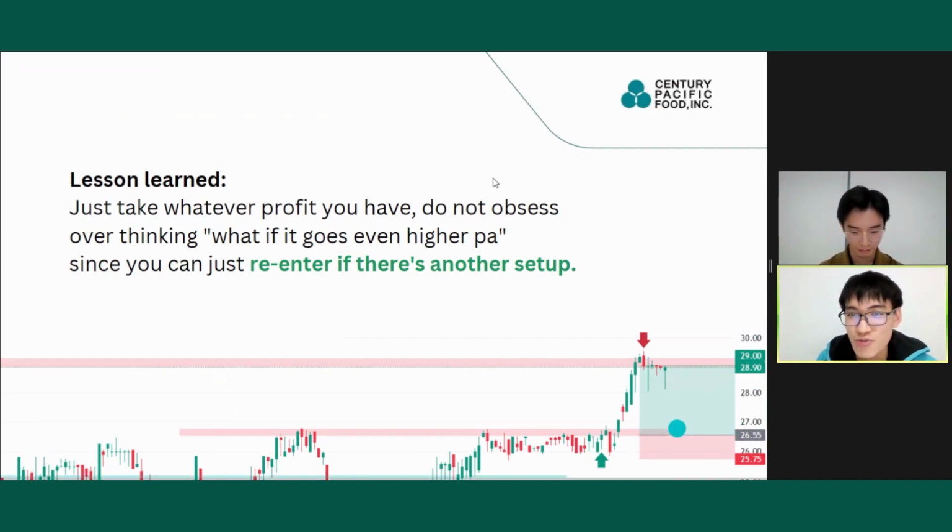So, it's really up to you. So, if your plan is to just sell at resistance, sell at your target, then sell it, right? But if you're the type to ride the trend where you just want to keep riding the trend, so you'll just raise your trailing stop, then that's up to you.